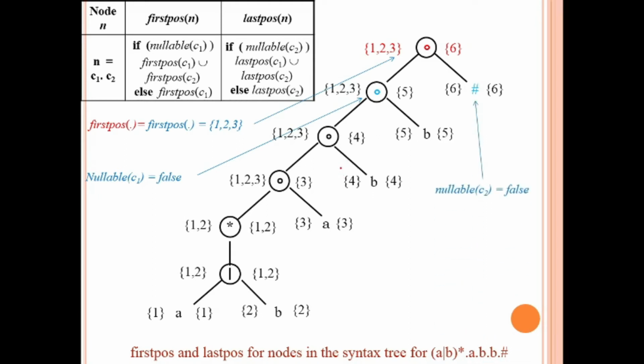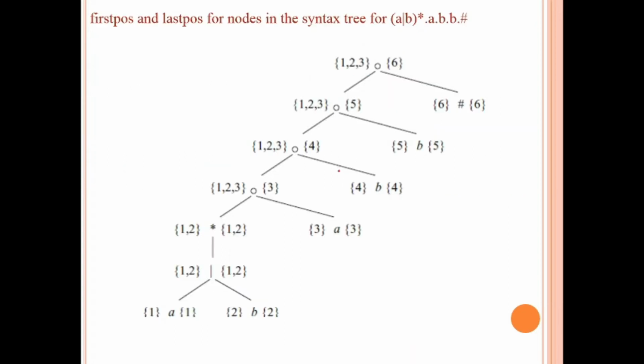The second child is not nullable, and that's why the last position of the root node is equal to the last position of the second child, that is hash, which is equal to 6. Right? So this is the complete last position and first position of all the nodes in the syntax tree.